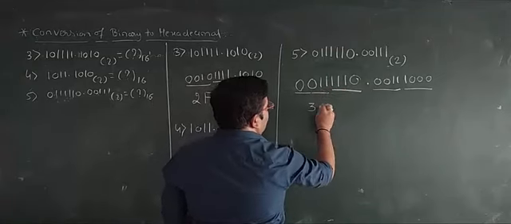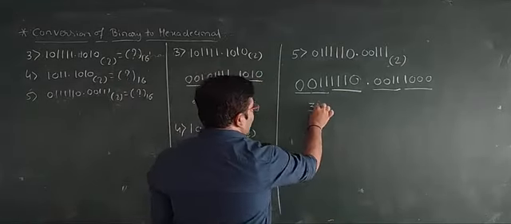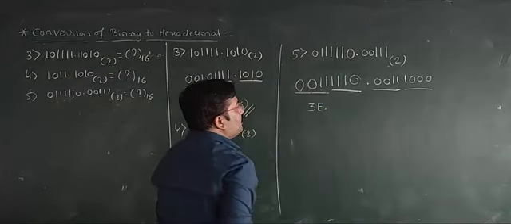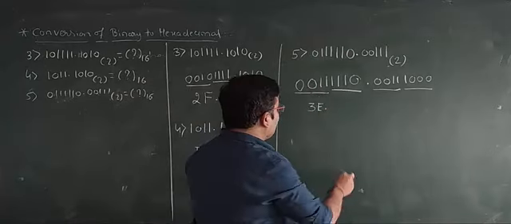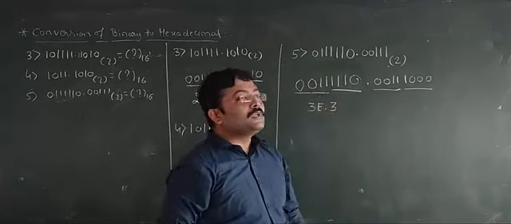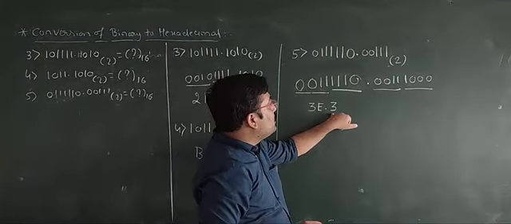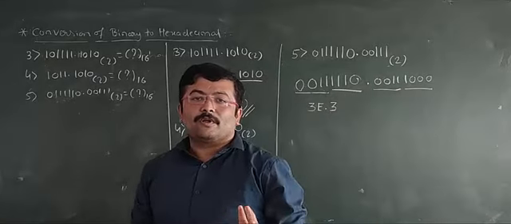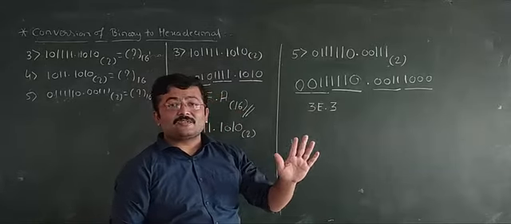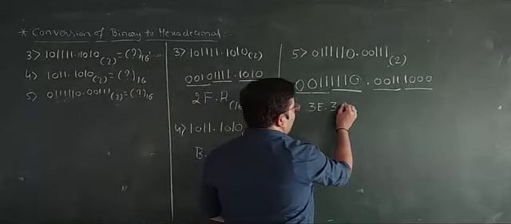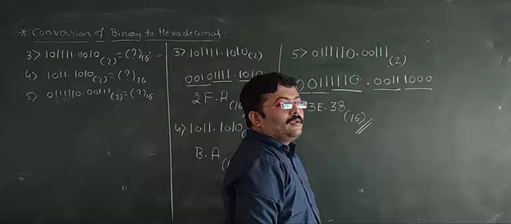So next 1110, that is 8 plus 4 plus 2, that is 14. 14 is written as E. Point, 0011 is nothing but 3, because 2 place has 1 and 1 place has 1, so 2 plus 1 is 3. So next 1000, 8 place has 1 and all remaining values are 0, so the value of 1000 is 8 to the base 16, which is my answer.